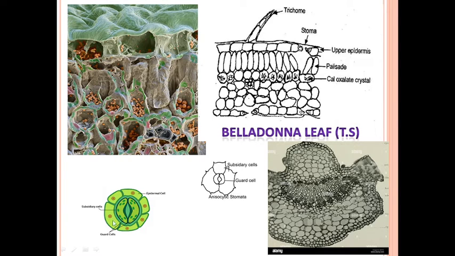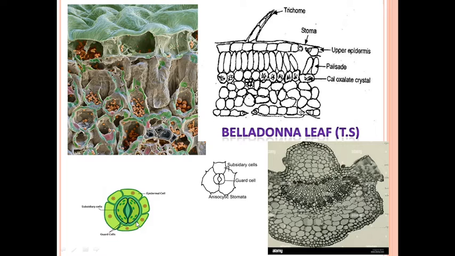The second type of stomata is anomocytic stomata. Here the stoma is surrounded by two kidney-shaped guard cells, and they are surrounded by epidermal cells or subsidiary cells, and here there is no differentiation between subsidiary cells and epidermal cells. You cannot differentiate whether these cells are epidermal cells or subsidiary cells.